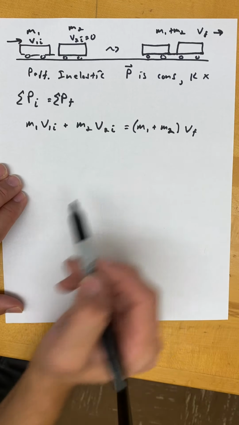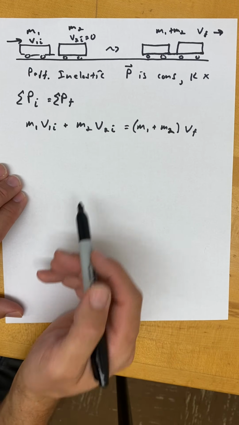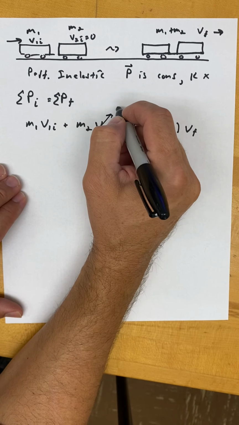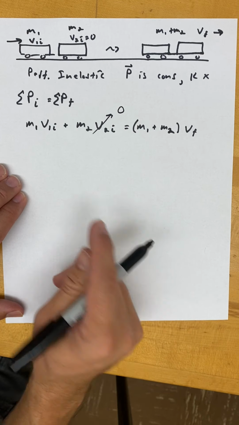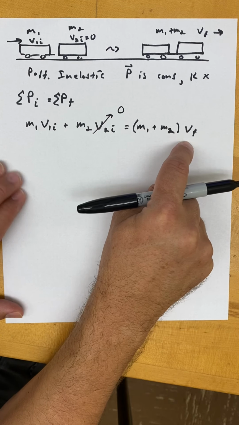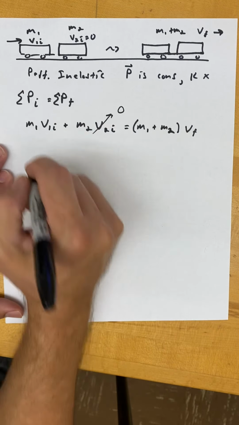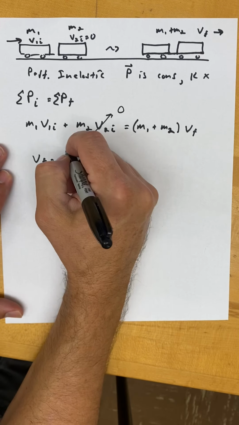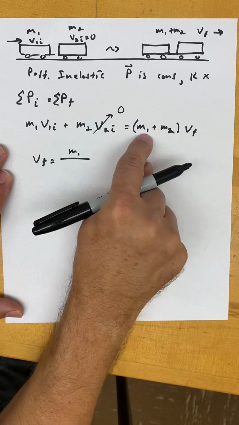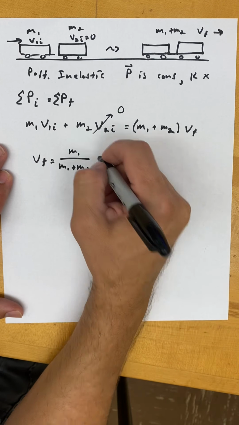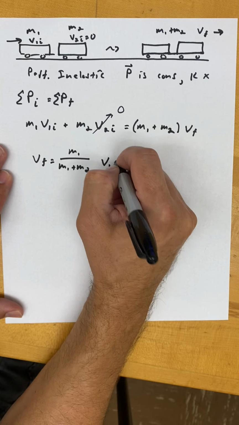Now this is my general equation. What can I get rid of? Well, v2 initial is equal to 0, so that term is going to go away. I'm left with two terms, and I can immediately solve for v final by dividing out the parenthetical masses. v final is going to equal m1 over m1 plus m2, times v1 initial.